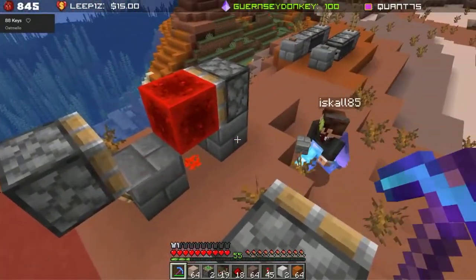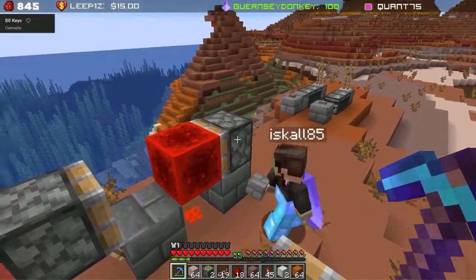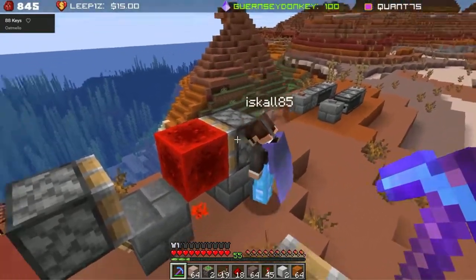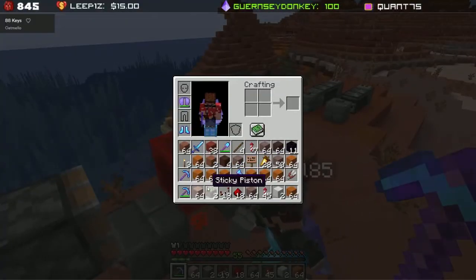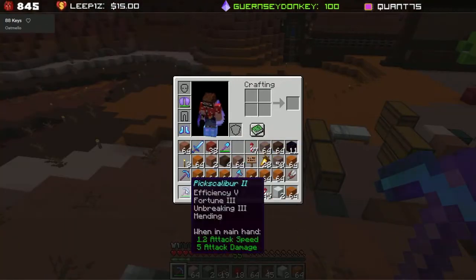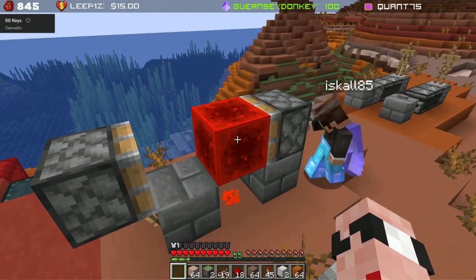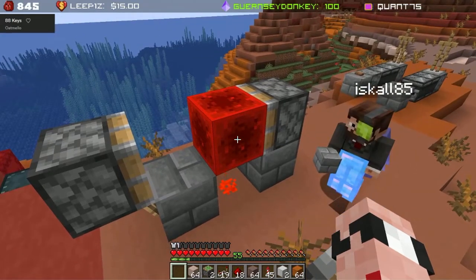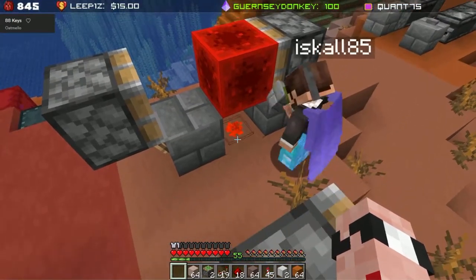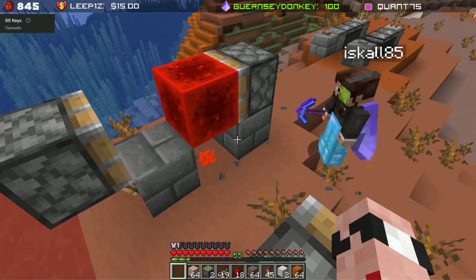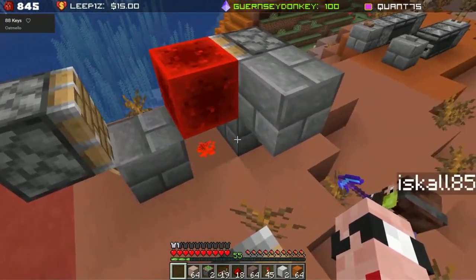If anything updates next to this piston here, it should be powered, right? It should be powered because it's got the redstone block next to it. The redstone block is powering the dust that's powering the block. This piston should in reality be powered.